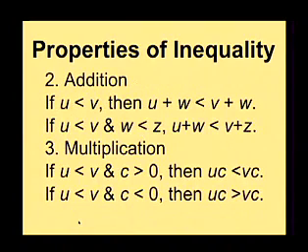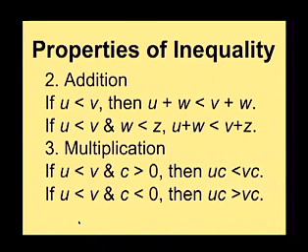The addition property: if u is less than v, then when we add w to both sides, u plus w will still be less than v plus w. And if u is less than v and w is less than z, then adding u plus w will still be less than adding v plus z.